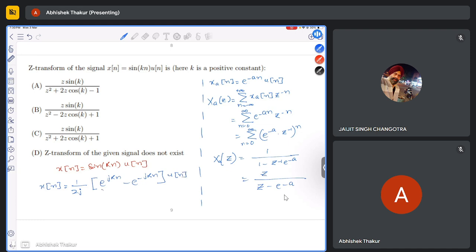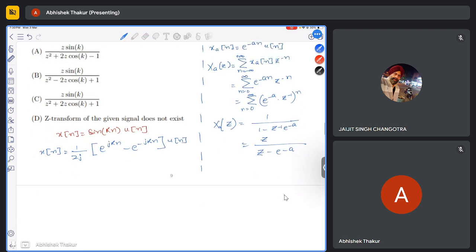Here this term will lead to 2j sine of kn when you expand it. Now this 2j and 2j will get cancelled, and then you will get sine kn. So our main intention was to break this sinusoidal function into exponential, and we know the z transform for exponential. Now we have to take the z transform of this.